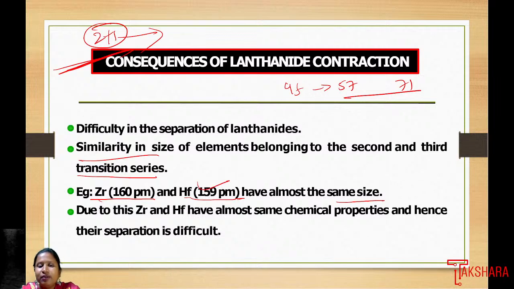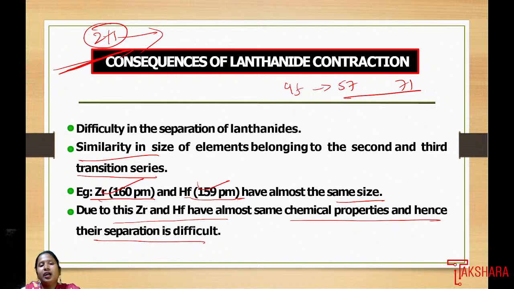Due to this, zirconium and hafnium have almost the same chemical properties and hence their separation is very difficult.